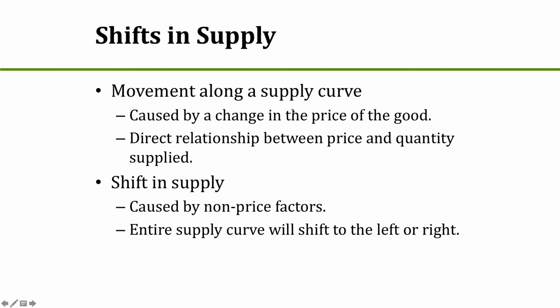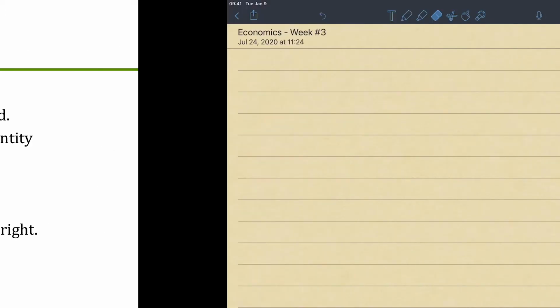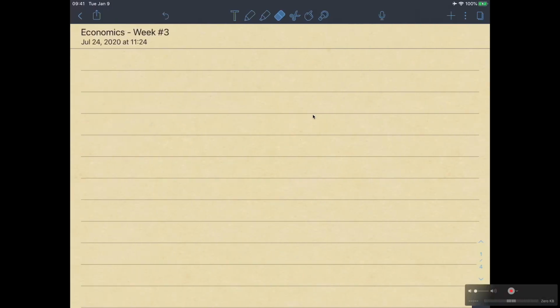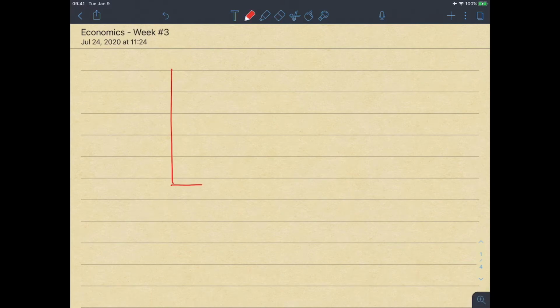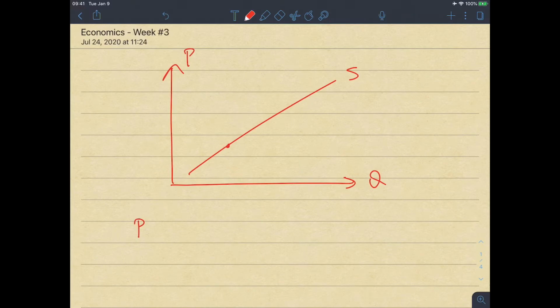But when there is a change in the price of that good we are talking about, we will be on the same supply curve, but on a different point. Let me elaborate on what I'm trying to tell you. I will draw a regular supply curve here. On the x-axis I have quantity, on the y-axis I have price. Let's say the good is x, and the price of that good is increasing.